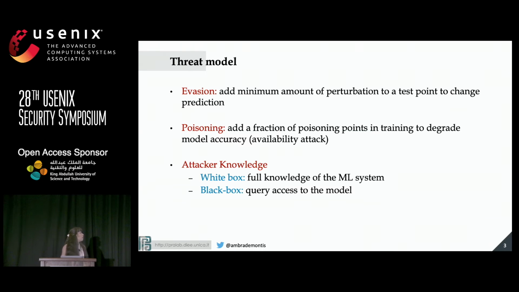We consider a white box scenario where the attacker has full knowledge of the machine learning system, so he knows everything about it: the training data, the weights of the model, etc. And we also consider a black box scenario where the attacker has basically just query access to the model, which is a scenario more likely to happen because if, for example, an attacker would like to attack an antivirus, he probably will not know all the details about the system.